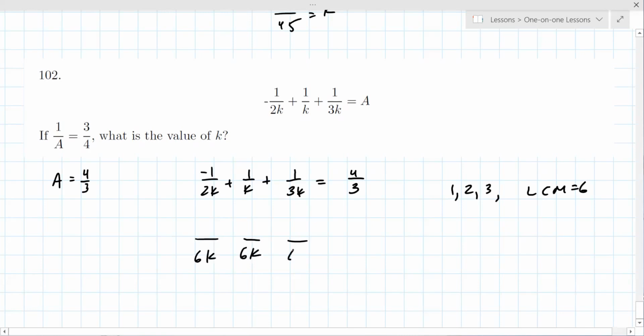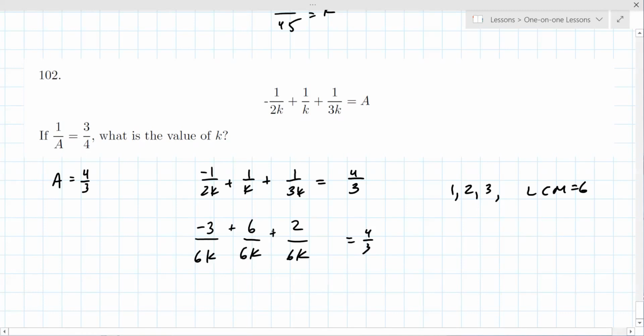I got 15 over 6. Oh, wait, that can be simplified. Hold on. So 5 over 2. Okay, the answer is slightly different. So let me just work through it here. Let's try -3 plus 6 plus 2. Did you get to this step here with the common denominator?